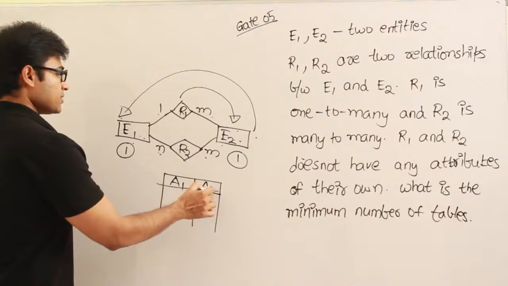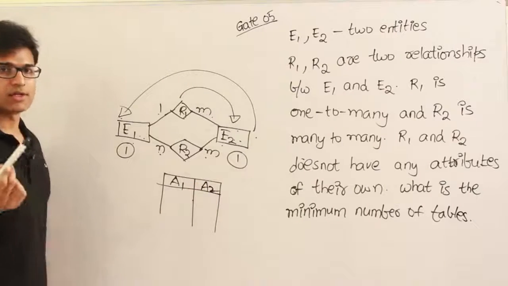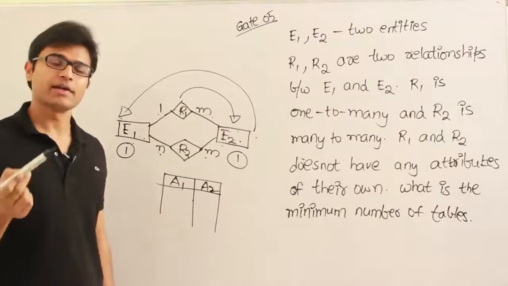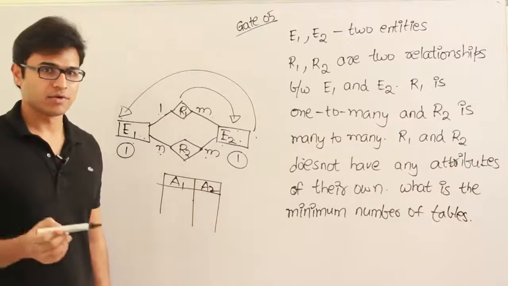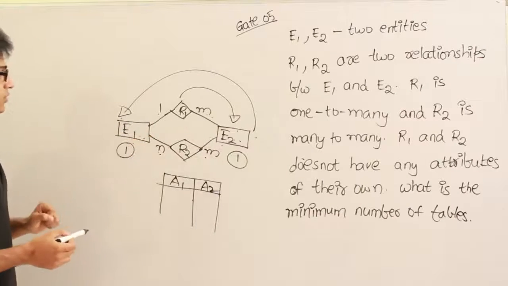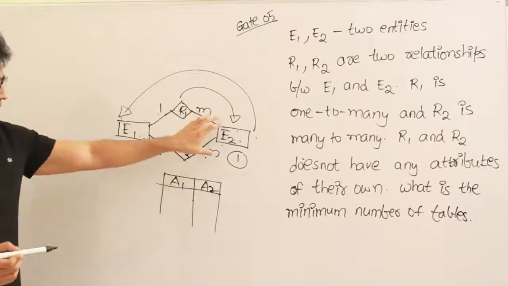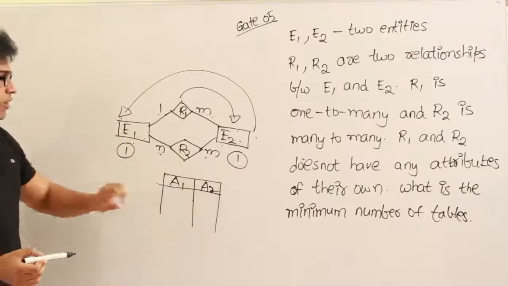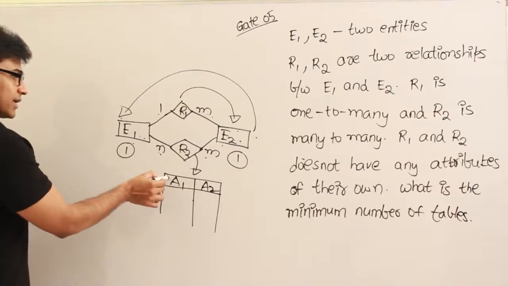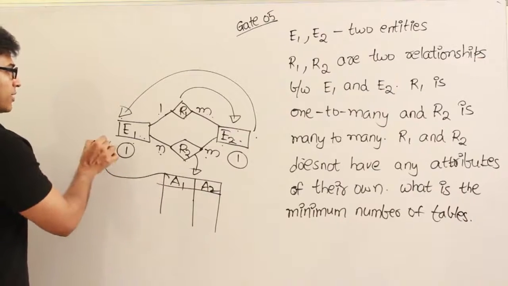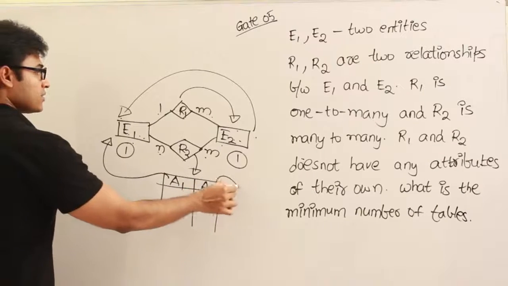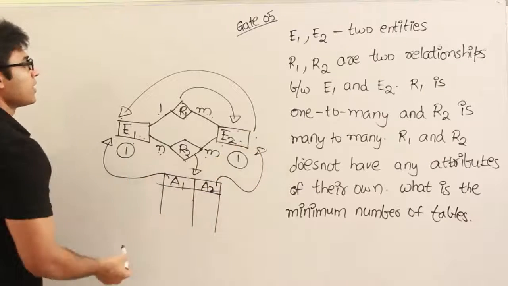I am going to take these two key attributes and form a new table to represent this relation. A1 refers to the primary key of E1 as a foreign key, and A2 refers to the primary key of E2 as a foreign key.